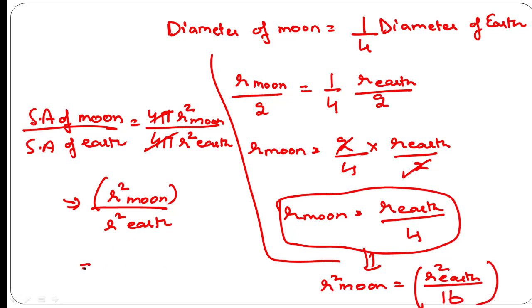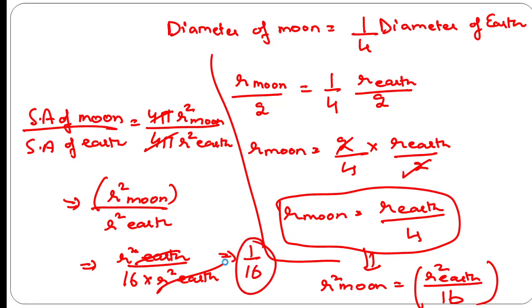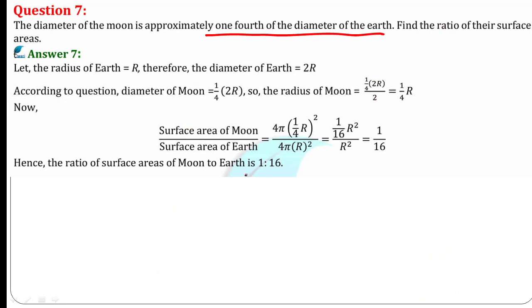So you can put the value of radius square of moon to be radius square of earth divided by 16 into radius square of earth. So this earth will cancel, and you will obtain the ratio to be 1:16. So 1:16 is your required answer. If you put the value of radius to be 1/4, it will become 1/16, and this radius will cancel and you will obtain the value to be 1/16.